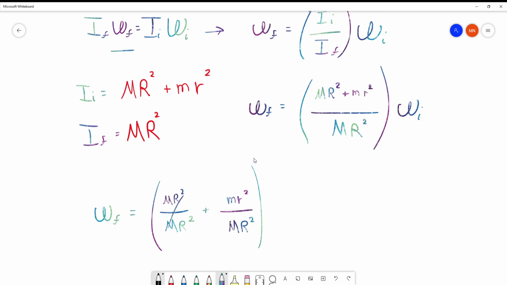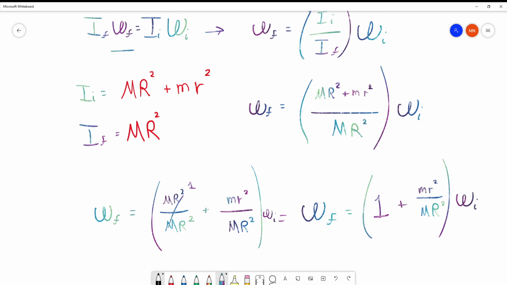This is just 1. So that means our final angular velocity is equal to 1 plus little m little r squared divided by big M big R squared, times the initial angular velocity.